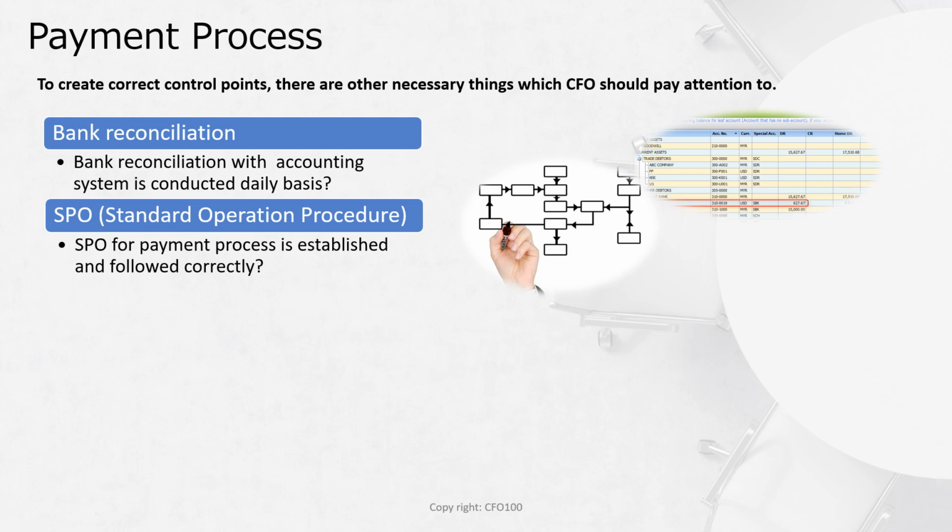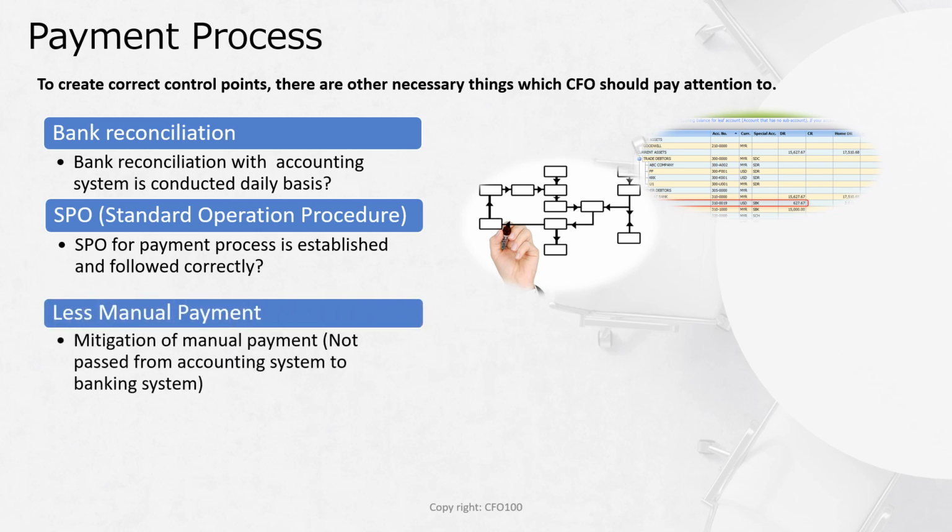And the third point is reducing manual payment. The data of payment request should be passed from the accounting person to finance person without being touched by anyone. The modern ERP package and e-banking system can connect for that purpose.